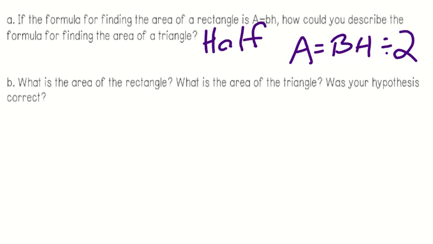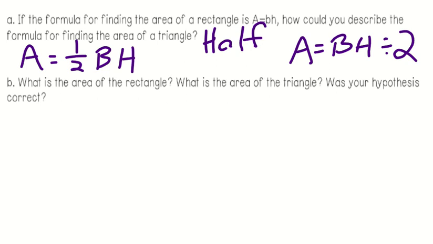That's the way I prefer it. Sometimes you will see it as 1/2 times the base and the height. I've found for most middle school kids, and even for myself, it's usually easier to divide by 2 than multiply by 1/2, right? So that's why I do it that other way.